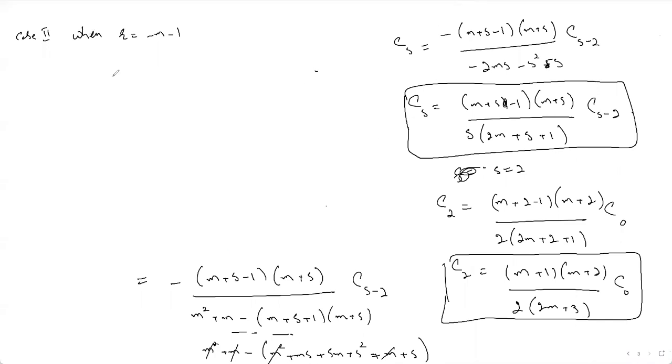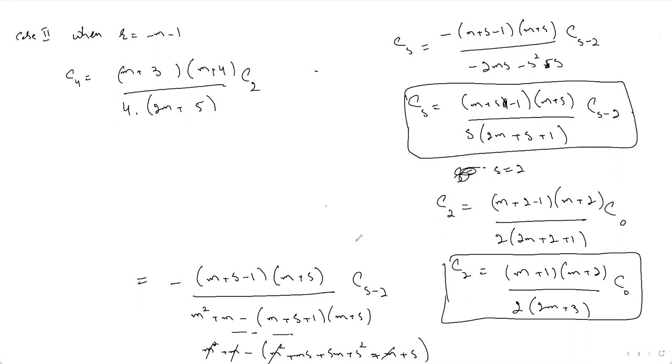For s equal to 4, c4 will be equal to, from this very equation, m plus 4 minus 1, that is m plus 3, into m plus 4, divided by 4 into 2m plus 5, into c2.